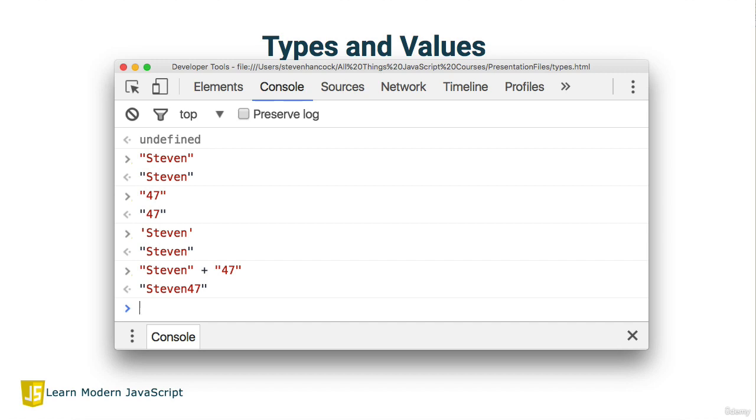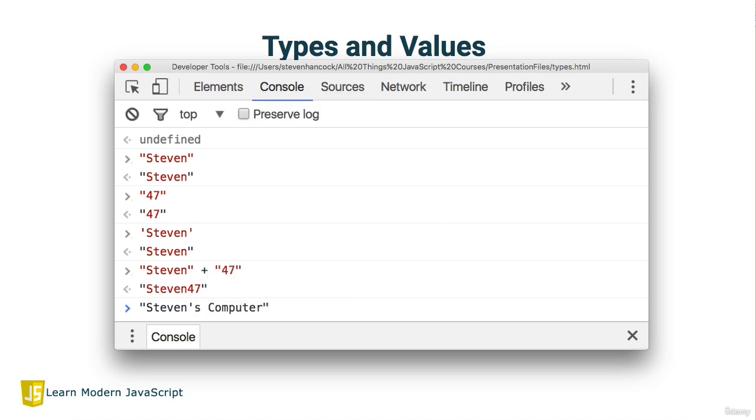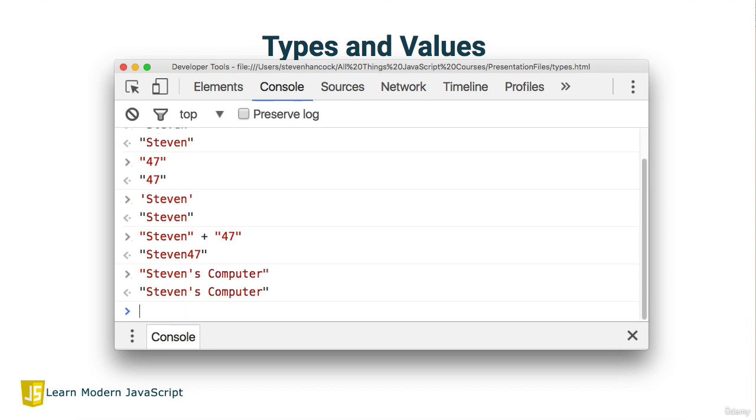Now, something else to be aware of with strings is, let's say I wanted to enter something like this as a string. Now that works fine. Notice there's a single quote in the middle. That works fine because there's double quotes on the outside.